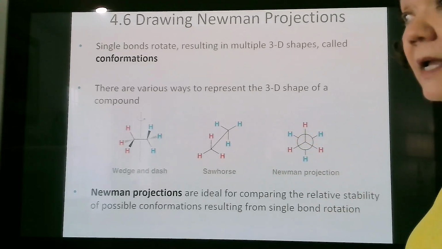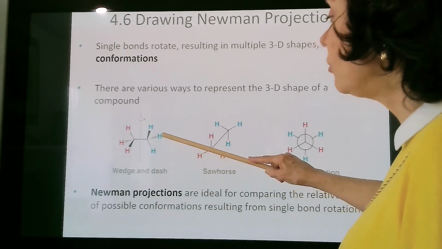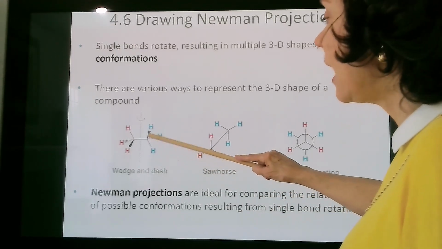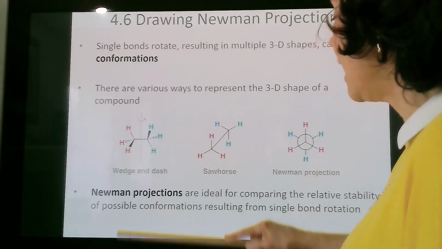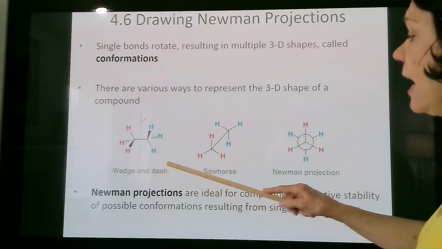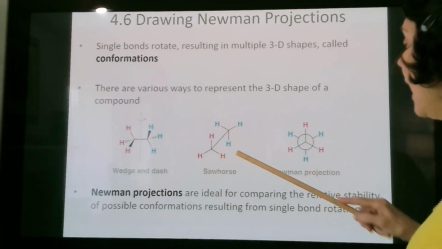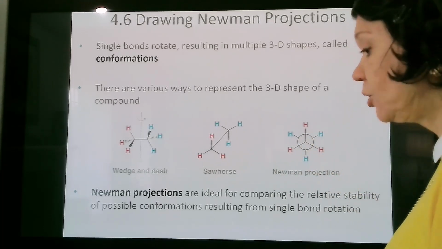So here you can see this wedge. You've wedged that hydrogen back. You've wedged this hydrogen out at you. You've wedged that hydrogen back. You've wedged this hydrogen out at you. This is the wedge and dash drawing. You can use the sawhorse, and you can use the Newman projection. I think the Newman projection is most useful.